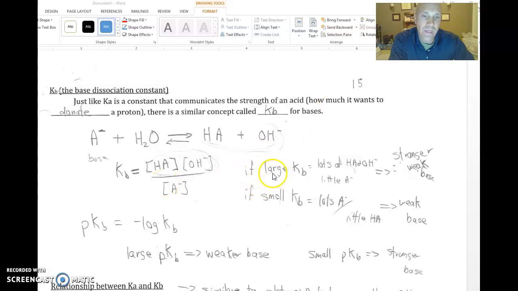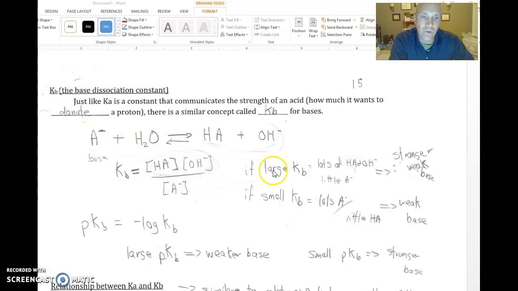So again, we can get a sense of what this reaction means by the size of this term. Let's assume that a base had a large Kb. What would that mean? It means you're going to have a high numerator and a small denominator, so lots of this stuff right here and relatively little of this stuff over here.